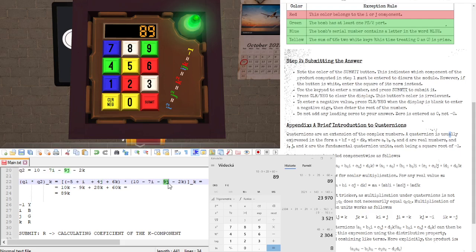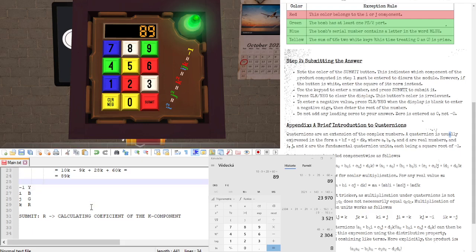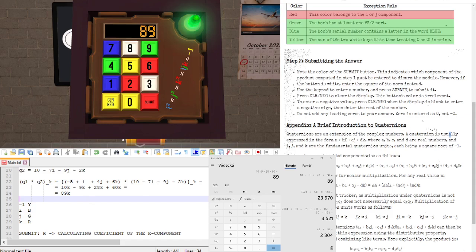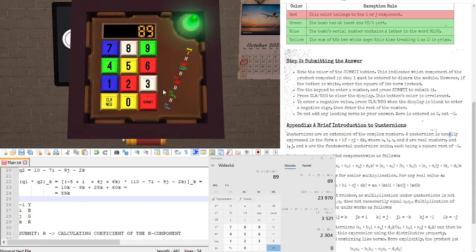After multiplying, these two would give us +36, and 6k times -2k would give us +12. Then I would sum those 4 sub-results and get the actual result for the yellow submit button. And so on and so on. This module doesn't have a souvenir, so this is everything you need to know about it, I think.